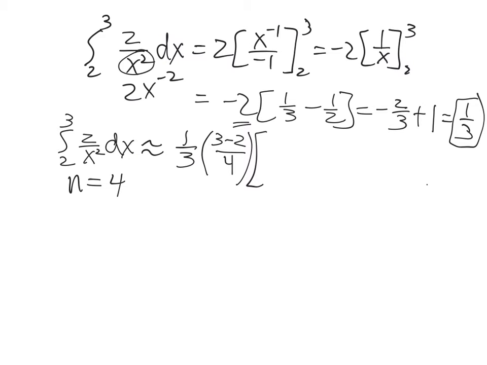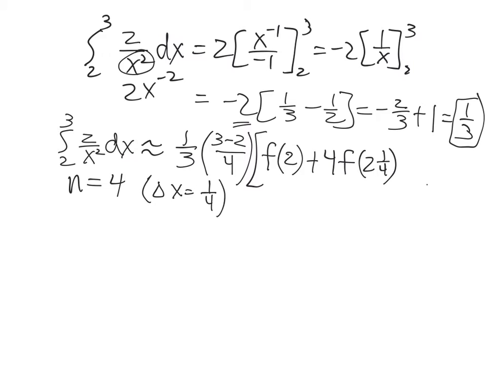But if n is 4, well, Simpson's rule is 1/3 times the delta x, b minus a over n, and then we'd have f of x sub 0, which is our 2, plus 4 times f of x sub 1, which would be what? 2 1/4. Delta x is 1/4.